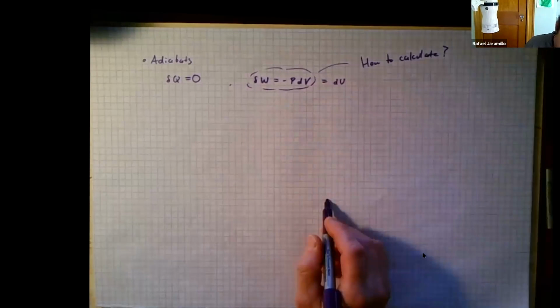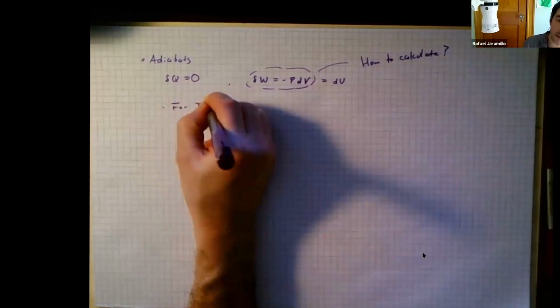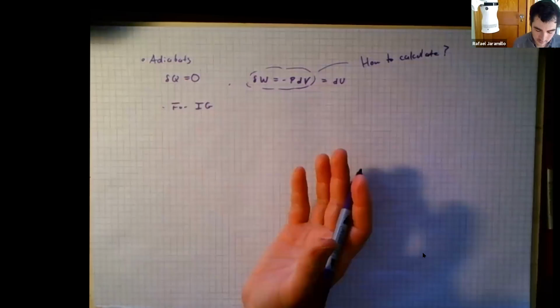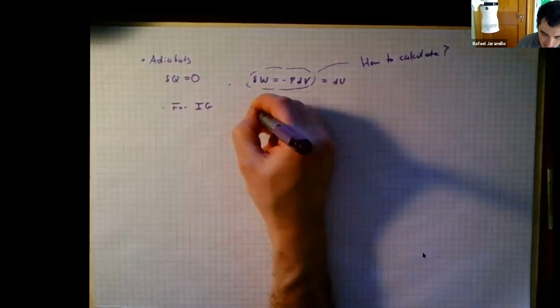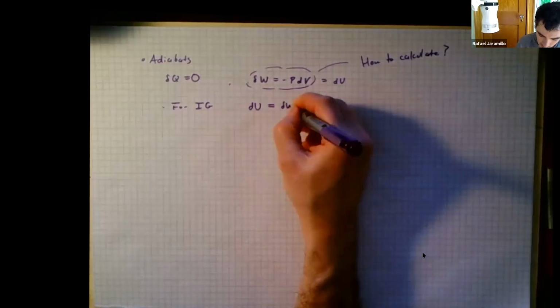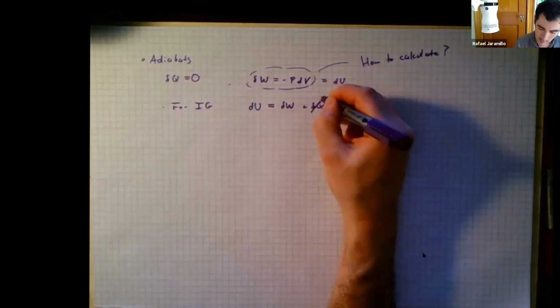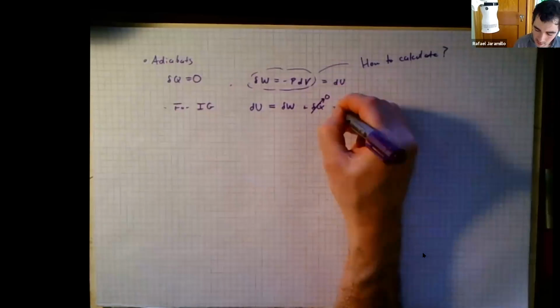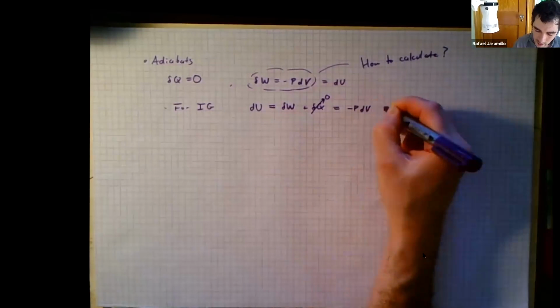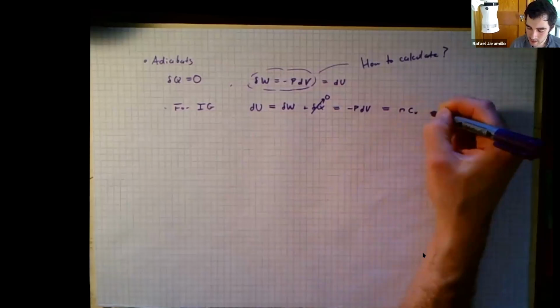For an ideal gas, and only for the ideal gas, dU equals d work plus dq, but that's 0, equals minus p dV equals the thing I gave you on the previous page, n C_V dT.